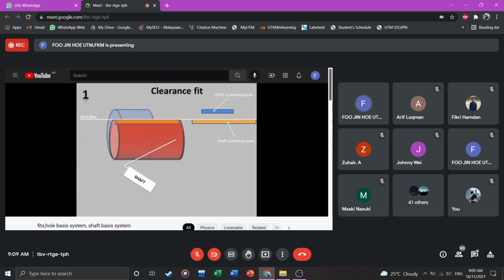Similarly, upper limit of hole, lower limit of hole, and tolerance zone of hole. You can see, every time we need not draw the complete diagram of hole and shaft. Just drawing the tolerance zone of hole and tolerance zone of shaft with respect to the zero line is enough, like this.